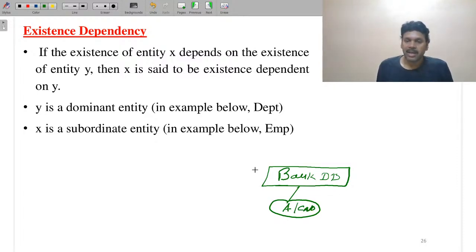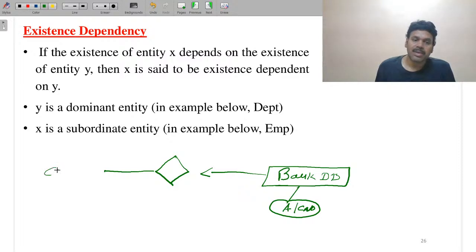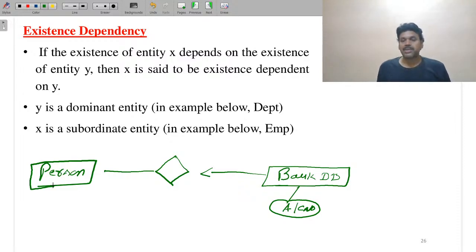But please observe, if there are no citizens, or you can say persons, then there is no requirement of using a bank. So that means this bank database is depending on the person database.